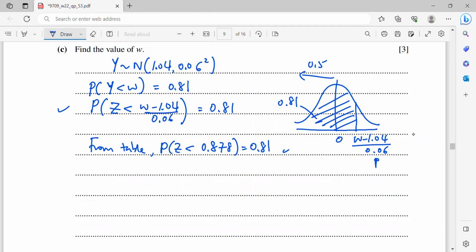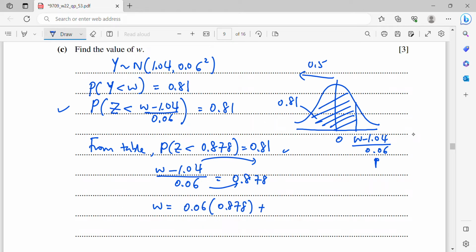So obviously your (W minus 1.04) over 0.06 is 0.878. So now your W, move up this and then move the negative 1.04 to the other side. So you will get 0.06 times 0.878 plus 1.04.